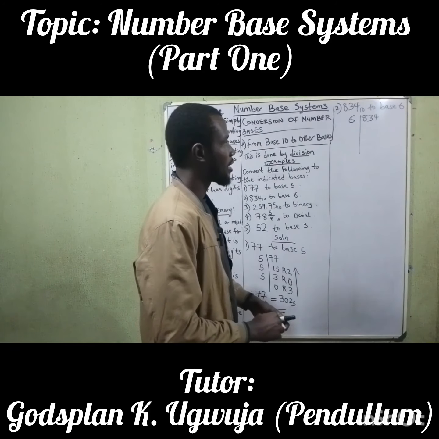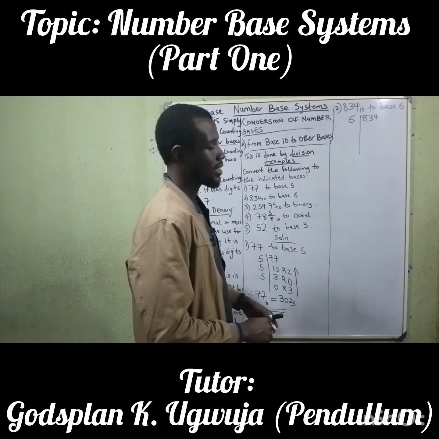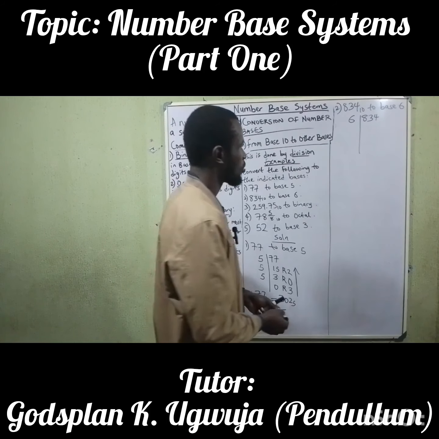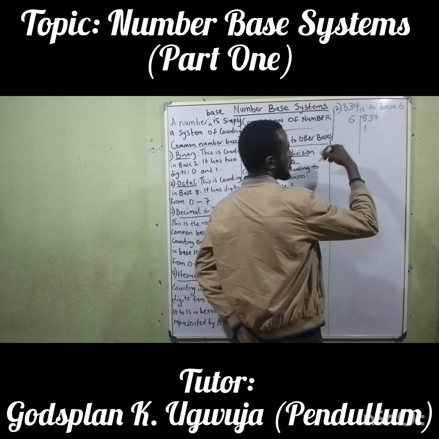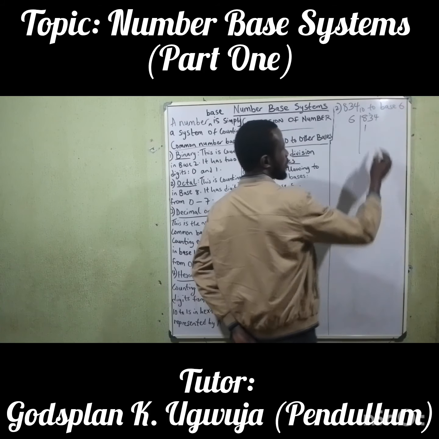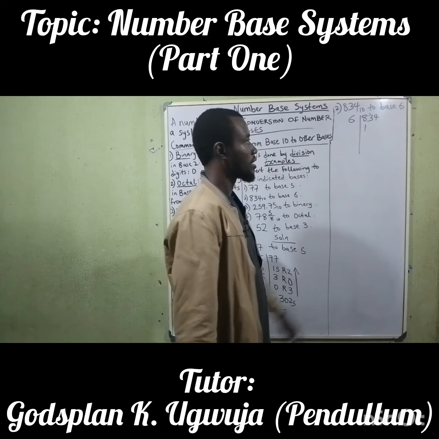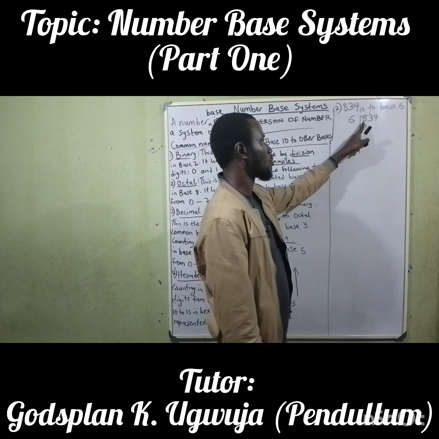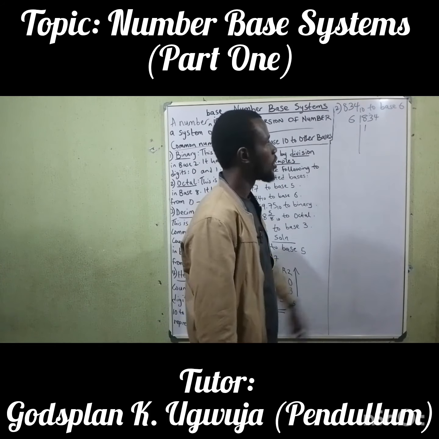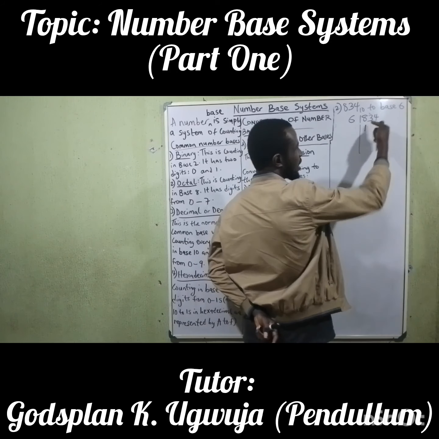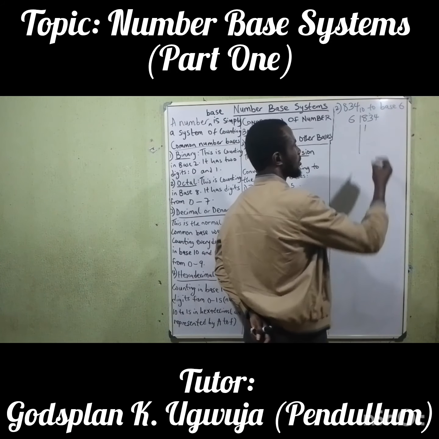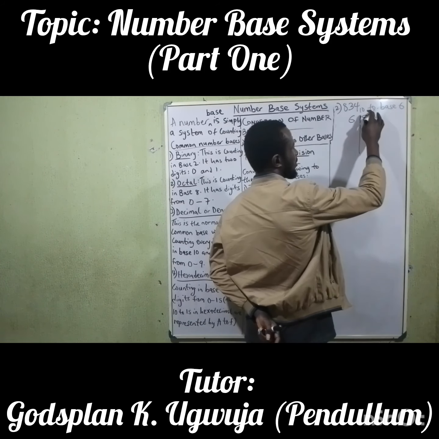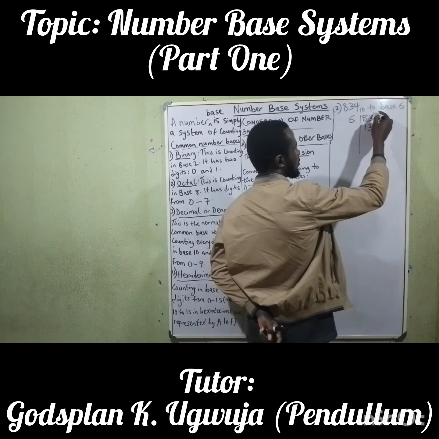Now if you divide 834 by 6, you should get 6 into 8 is 1, remainder 2. If you don't have a calculator, this is how you divide. 6 into 23 is 3, remainder 5.